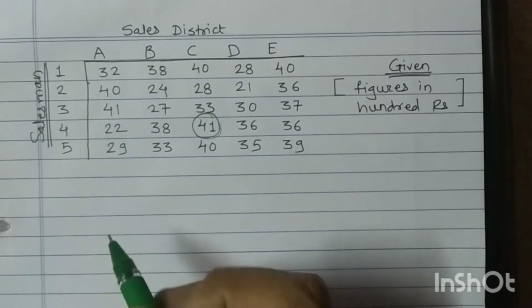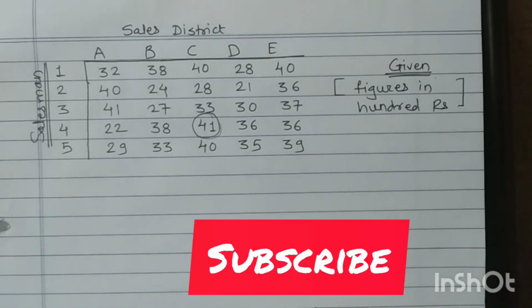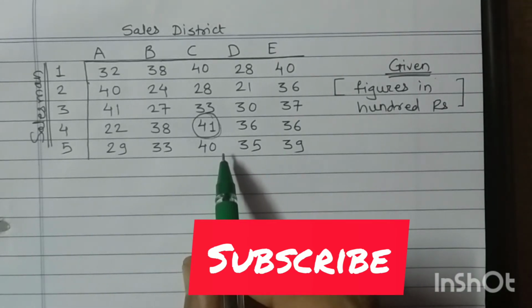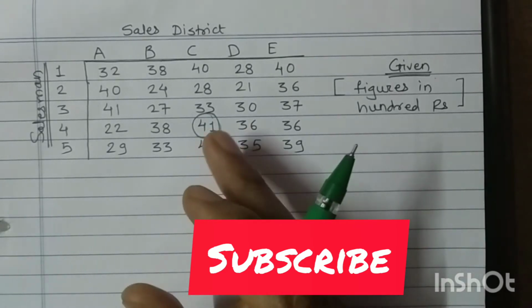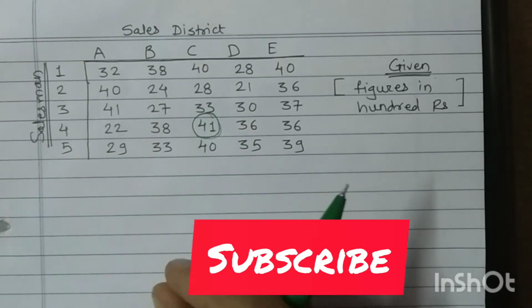So we can directly do step number 1 as row reduction and step number 2 as column reduction. But as this problem is a different type, that means a maximization problem, the very first step in a maximization problem is that you have to convert the given maximization problem into a minimization problem.